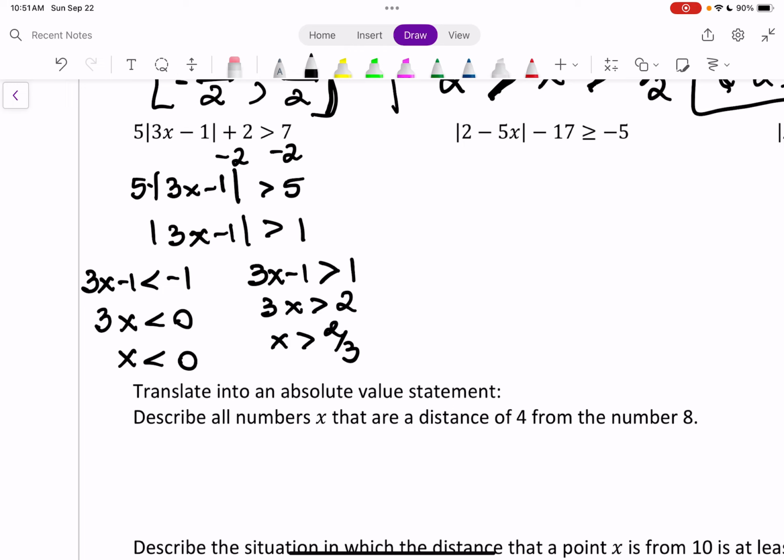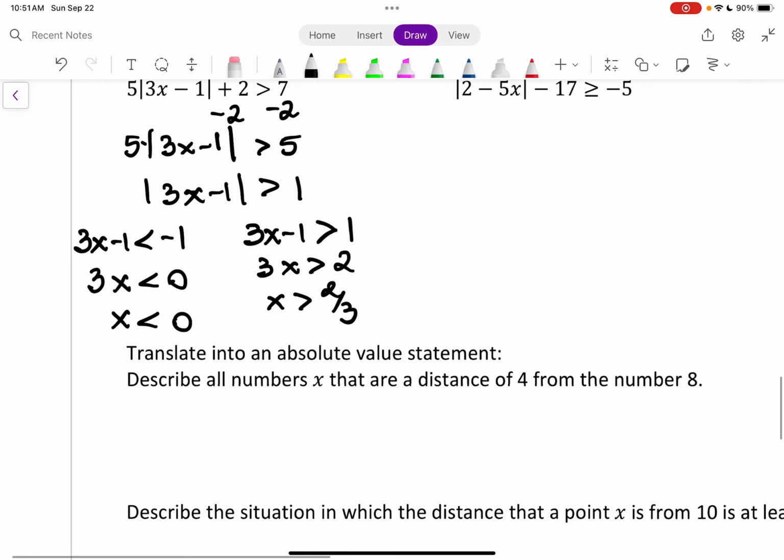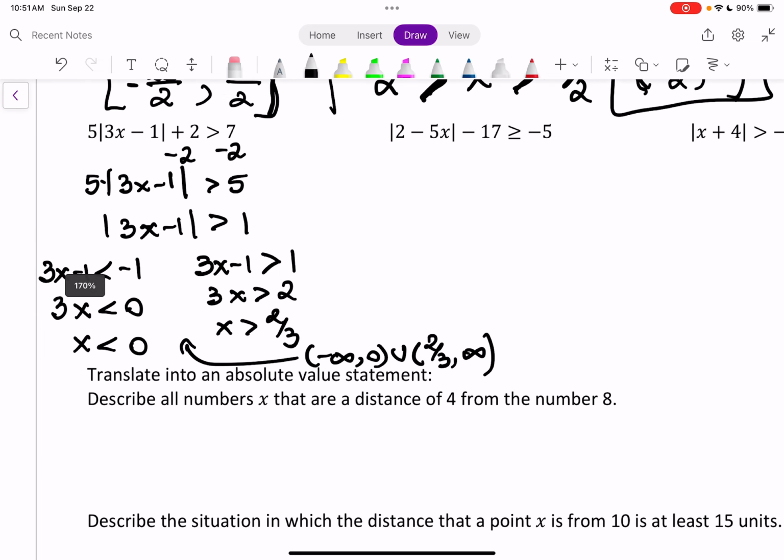So what that means is that my answer is, let me see if I can squish it down below, between negative infinity and 0, so less than 0, or more than 2/3. So from 2/3 up to infinity. And put it on the number line if you need more help to see it.